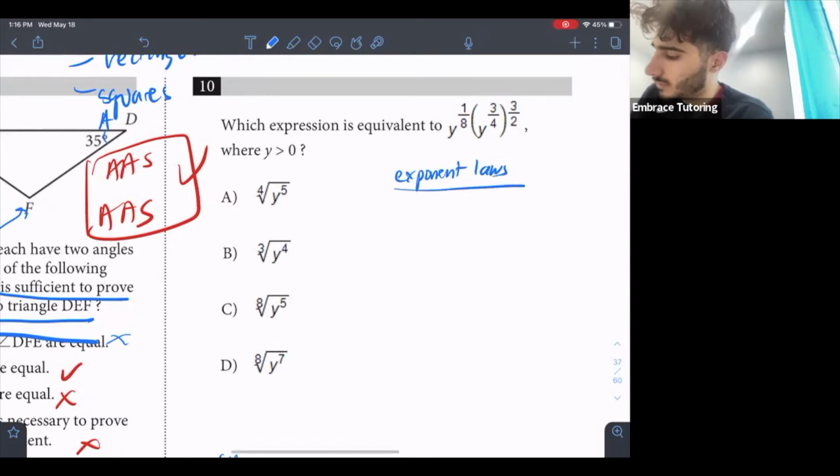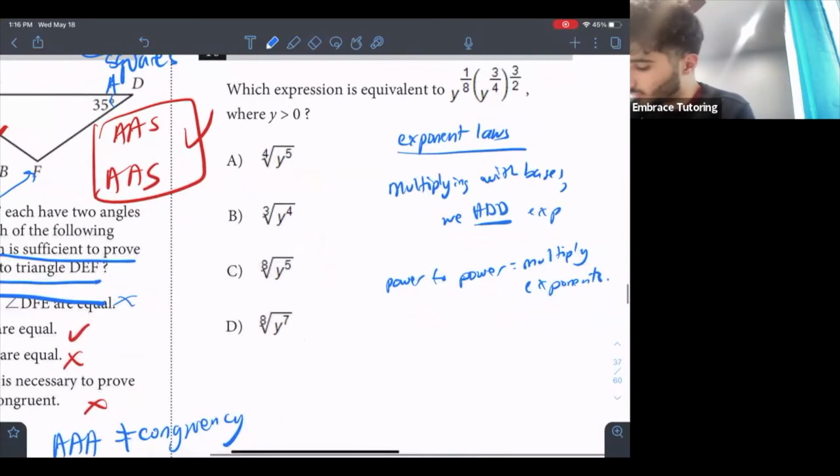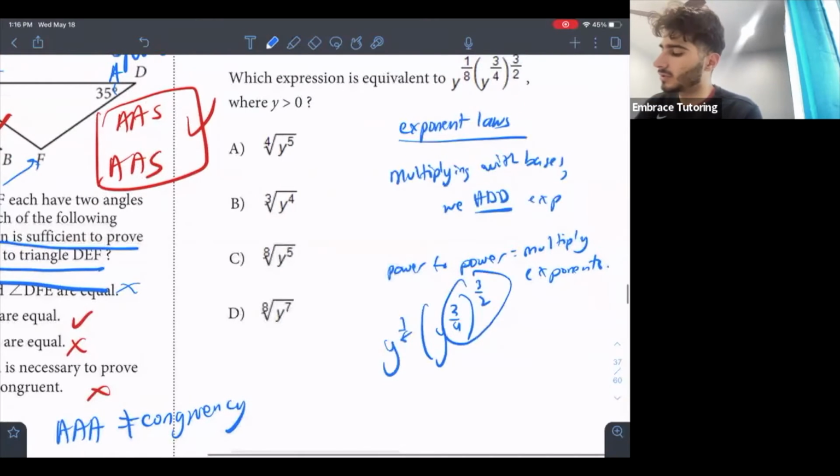We know when multiplying with the same bases, we add, and when we have a power to a power, we multiply exponents. So what we do first is multiply these two.